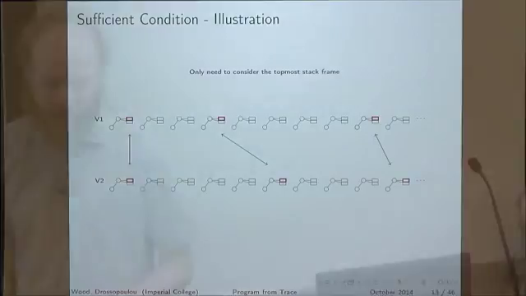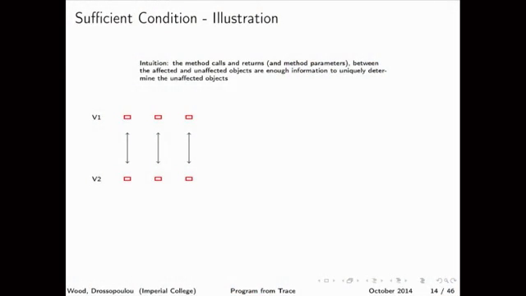So we don't have to search to find out which states to compare. We just pick these precise points in the execution. So we end up having to do something like this. I guess the intuition is that the code of the unaffected objects and the values in the method calls uniquely determine the way that the unaffected objects will execute.